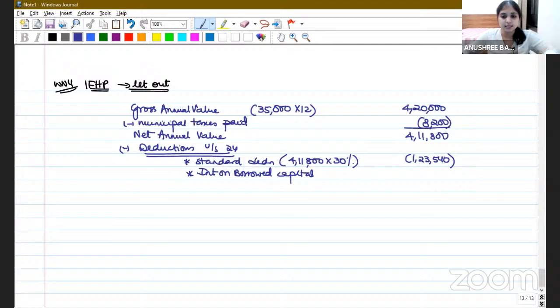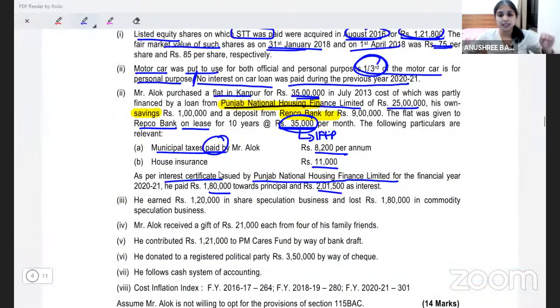The question says, as per the interest certificate issued by the bank, he paid 1,80,000 towards principal. Housing loan, principal repayment. Does any section come to your mind? Housing loan, principal repayment. Section 80C, right?